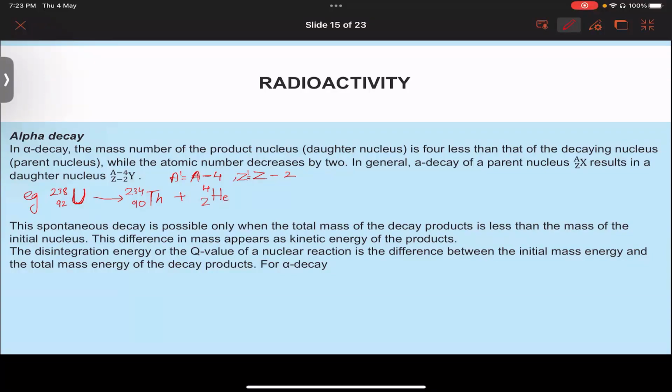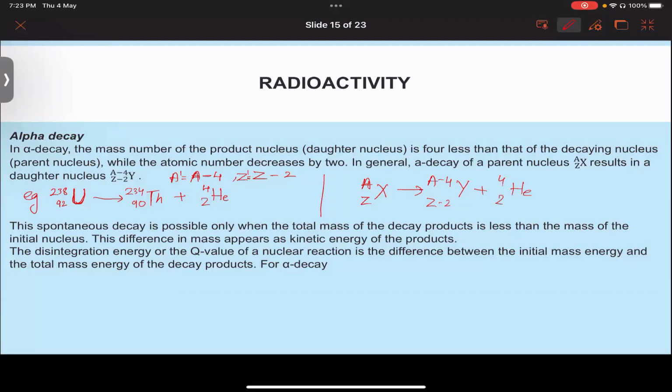In general form, whenever we deal with alpha decay, we can write X, with mass number A and atomic number Z, as the original element, and when it decays, your new element will have A minus 4 as the atomic mass number and Z minus 2, plus one helium nucleus.